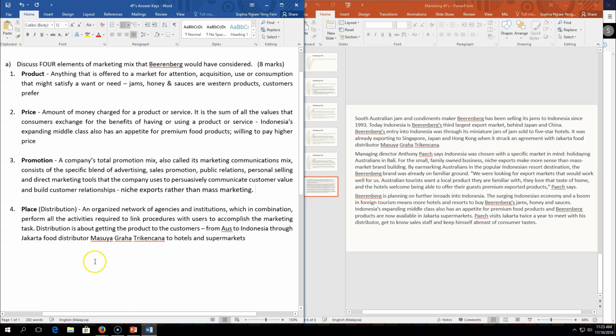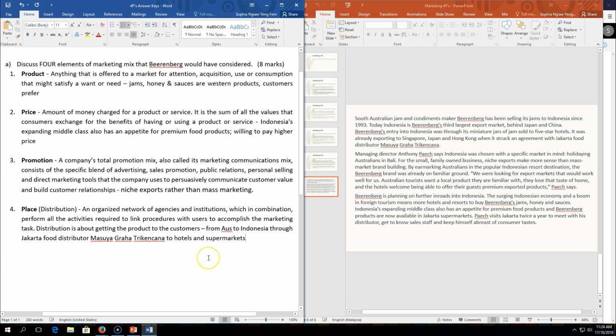Now please do not just write hotels, okay? Again, place is about getting the products to the customers. So you should mention how they get Berenberg's products from Australia to Indonesia. First of all, they have a food distributor in Jakarta called Masuya Grana Chikencaya.